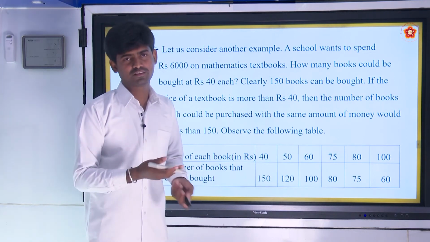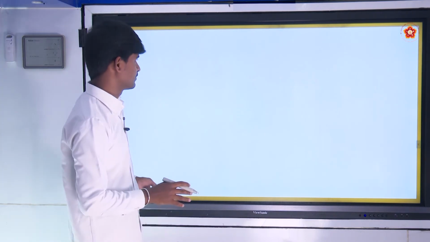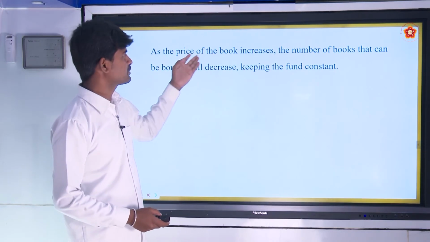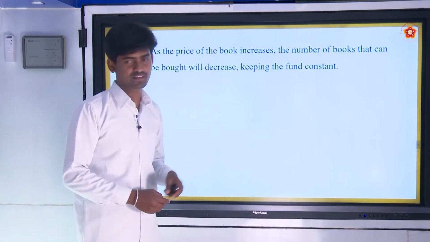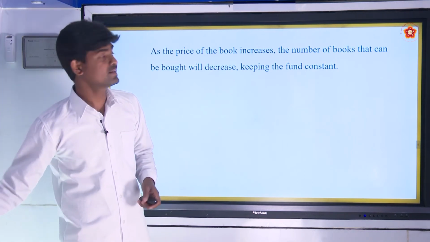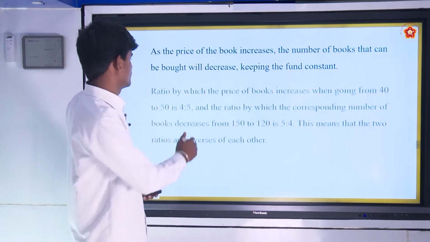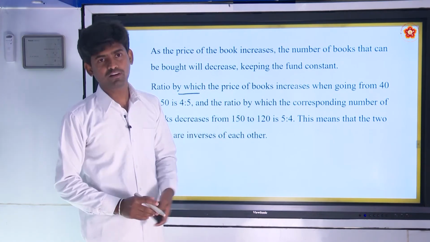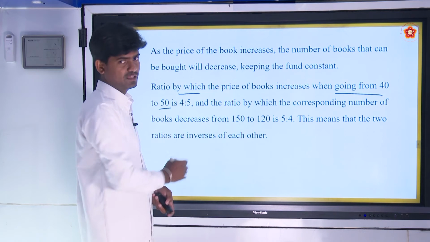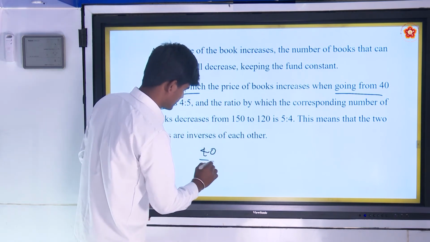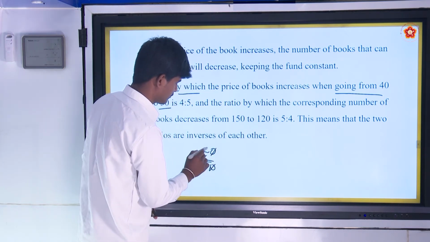Therefore, x into y is equal to a constant. As the price of the book increases, the number of books that can be bought decreases, keeping the fund constant. See the ratio by which the price of the book goes from 40 to 50: 40 by 50, that is 4:5.